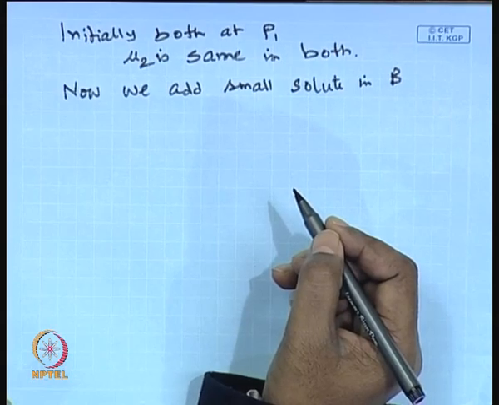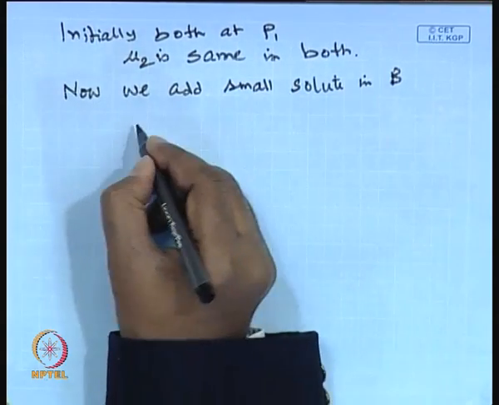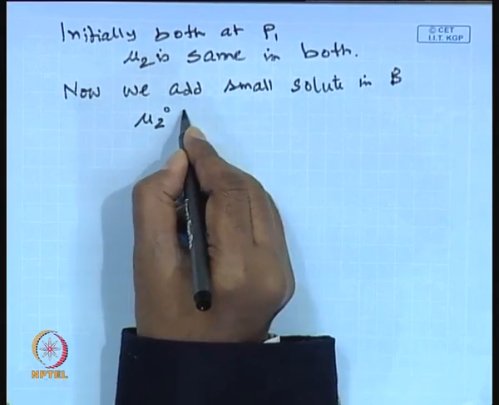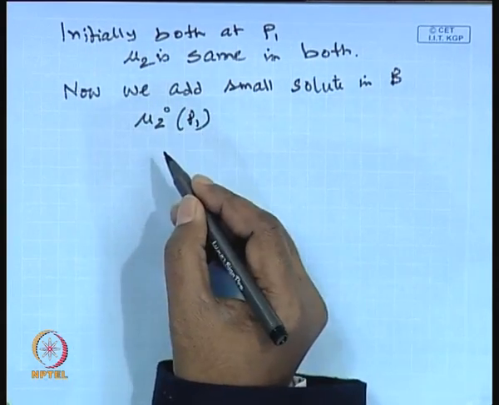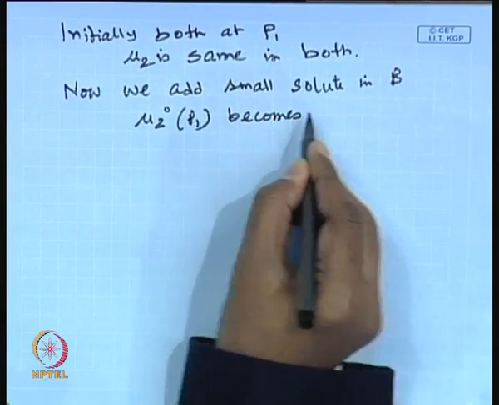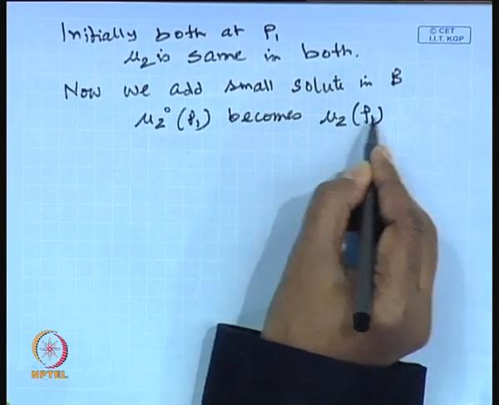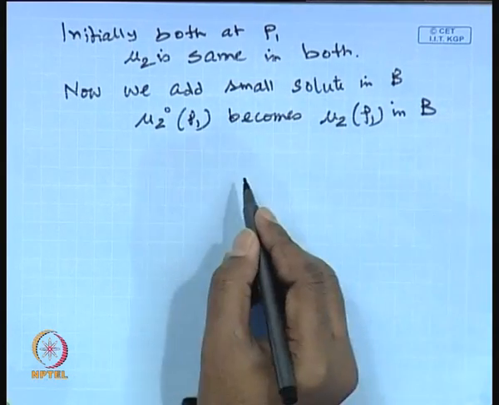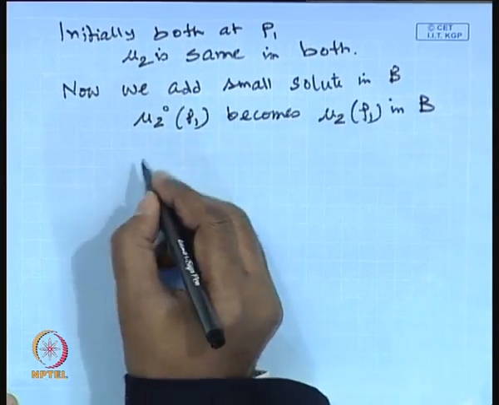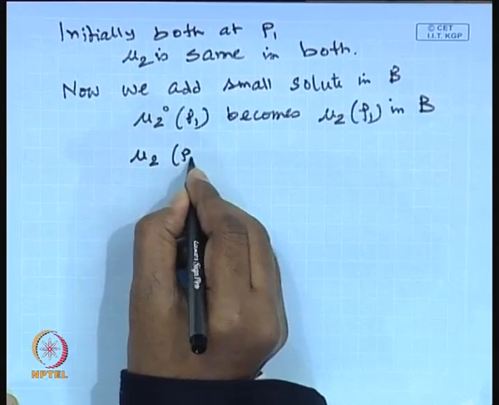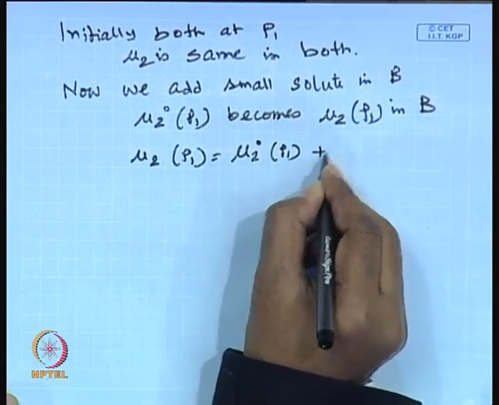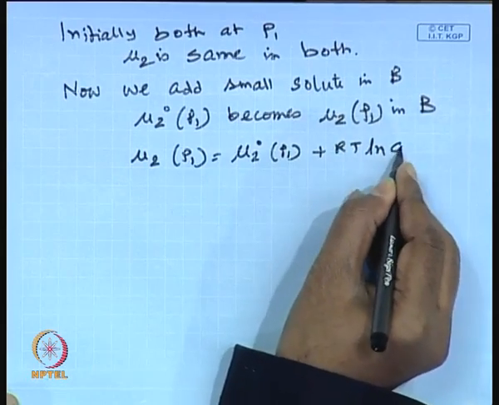It is no longer a pure solvent. So, mu 2 naught at P1, because it was pure solvent, becomes mu 2 at P1 in chamber B. We still keep the pressure P1 in chamber B. Now, mu 2 at P1 becomes mu 2 naught at P1 plus RT ln A2.